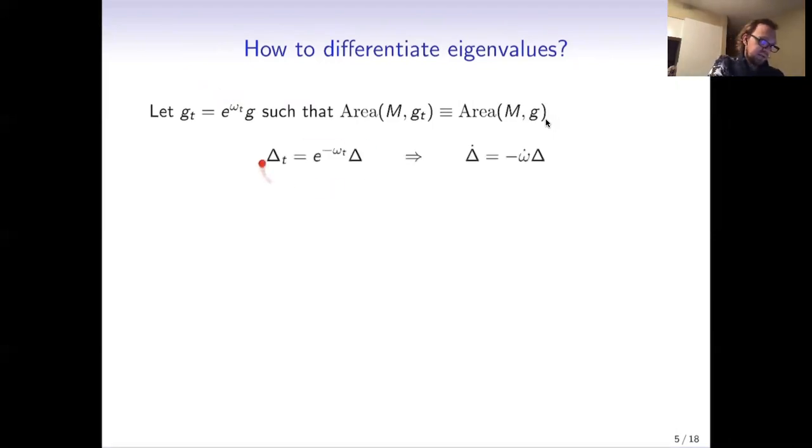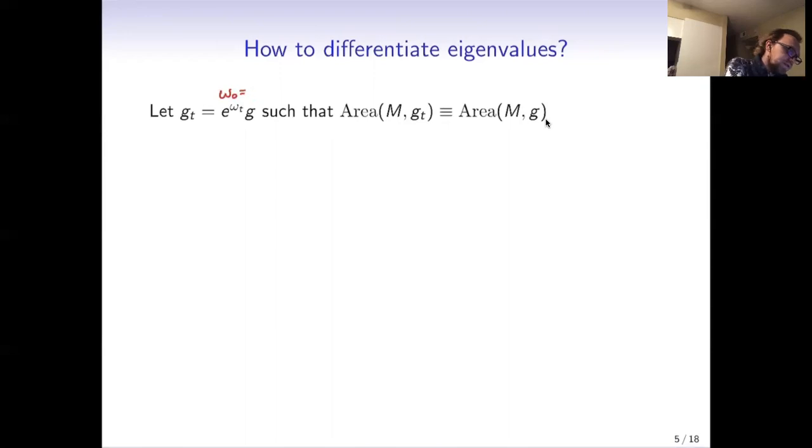So now the Laplacian_t, as we just discussed, is just e to the minus omega_t pulled out in front, and this is just the usual Laplacian of the metric g, which doesn't change. So when you differentiate this, the only thing that differentiates is this part. Sorry, I said omega_0 equals 1, which is not what I wanted to say.